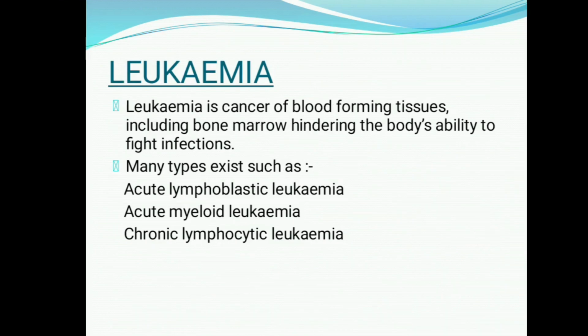Next, we have leukemia. What is leukemia? Leukemia is cancer of blood forming tissues, including bone marrow, hindering the body's ability to fight infections. Different types of leukemia include acute lymphoblastic leukemia, acute myeloid leukemia, and chronic lymphocytic leukemia.